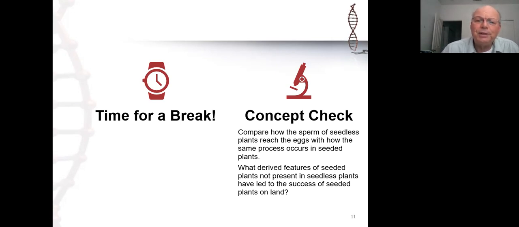What derived features of seeded plants not present in seedless plants have led to the success of seeded plants on land? Well, those would be the 5 derived traits that we talked about at length in the previous section. So those would be the reduction of the gametophyte so that it is contained within the body of the sporophyte, the heterosporous condition leading to the development of seeds, which is number 3.